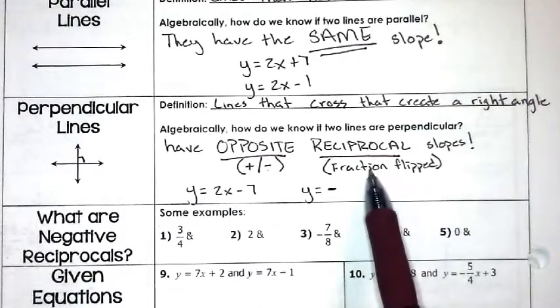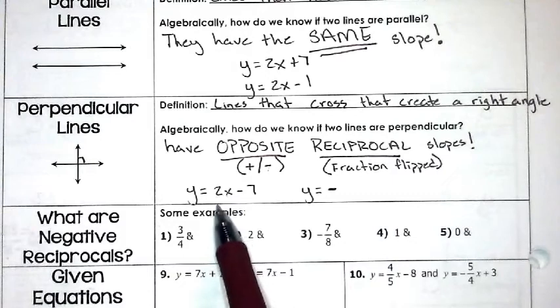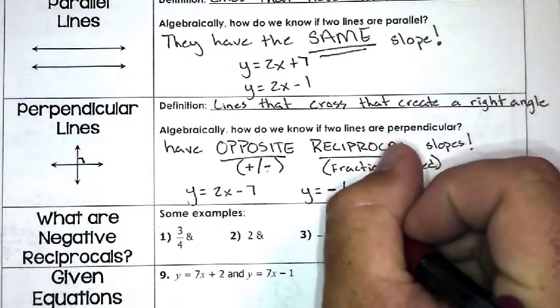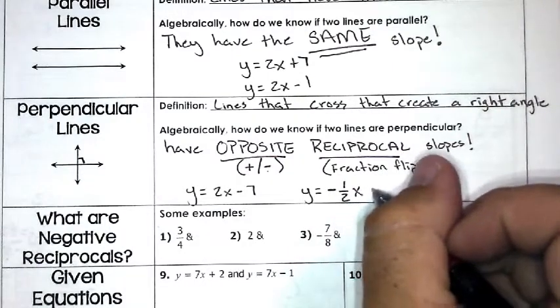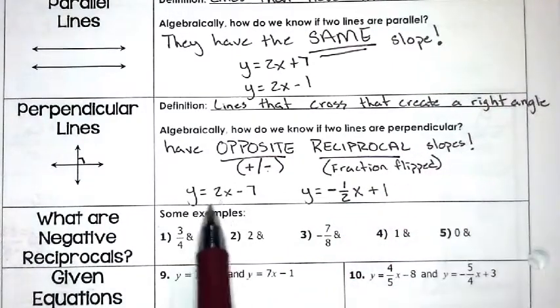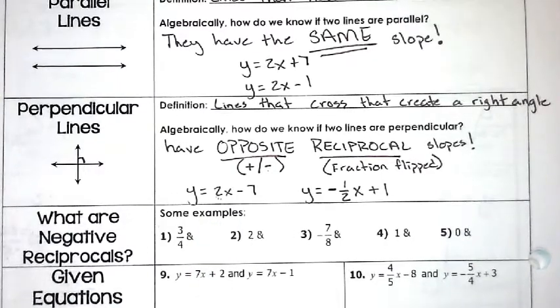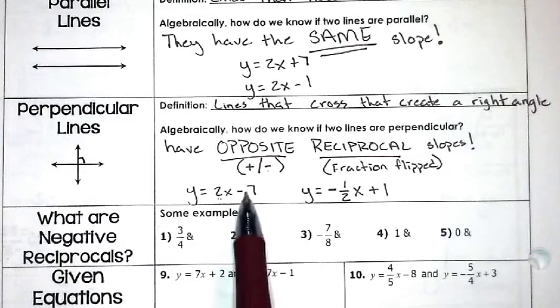Again, fraction flipped. Is 2 in a fraction? 1 over 2. We did flip the numbers. We only flip the slope. Do we care about the y-intercept?